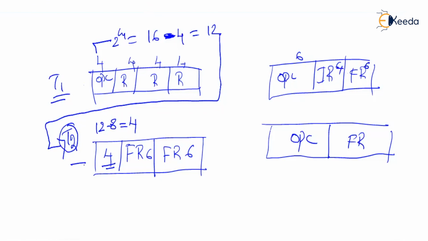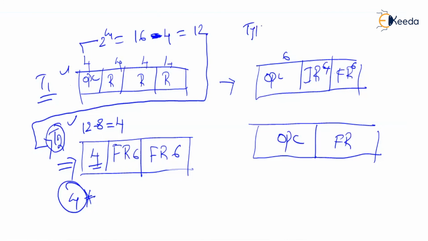So in the first 4 digits, there are still 4 combinations left, even after encoding type 1 and type 2. So in the first 4 digits, we are left with 4 more combinations. These 4 combinations I will use to encode type 3. Okay, type 3.